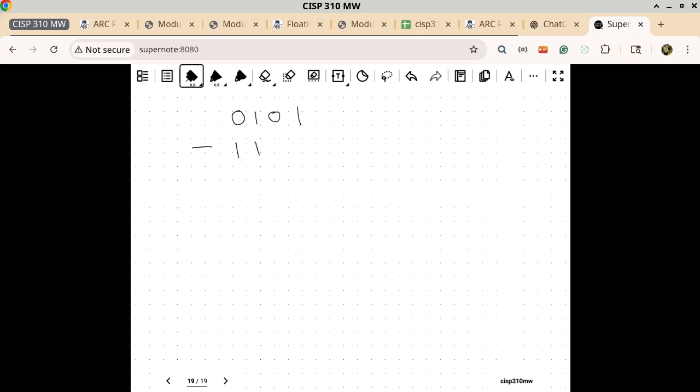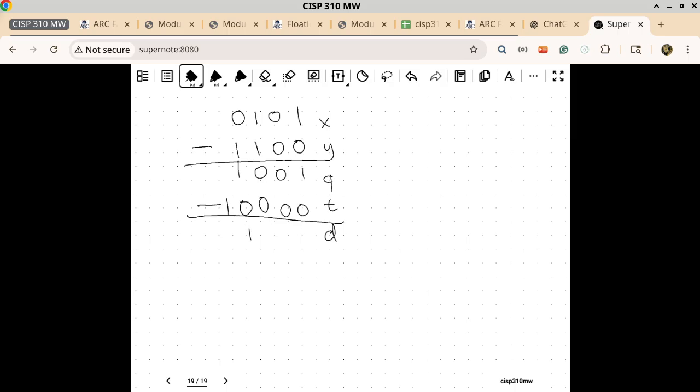So -4 is this bit pattern here. We'll go ahead and do all the actual calculation, but I'm not going to spell it out. So exclusive OR, this is 1 0 0 1, and then there's no borrow here, no borrow here, no borrow here, but there's a borrow here. And then finally, we get 1 0 0 1.